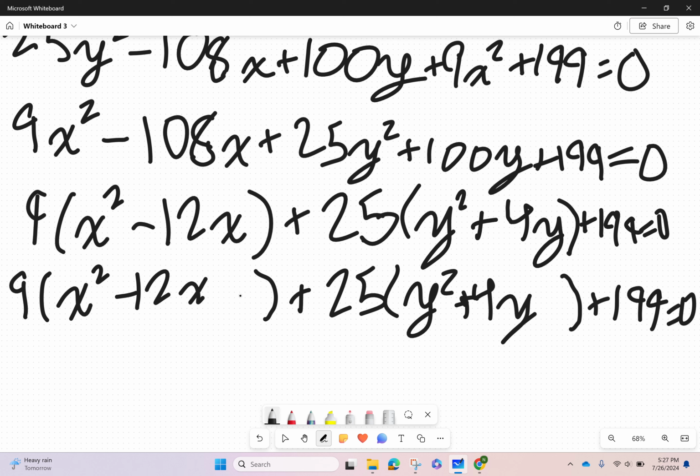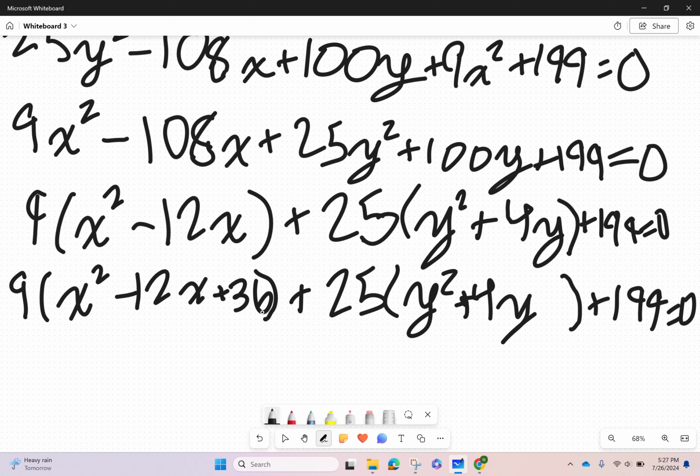So you take b divided by 2, negative 12 divided by 2 is negative 6, and you square that. So negative 6 squared is 36, so we will add 36, right? And whatever you do to this left side over here, you have to do to the right side.